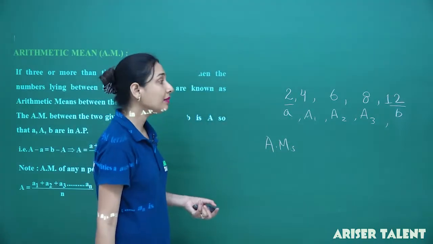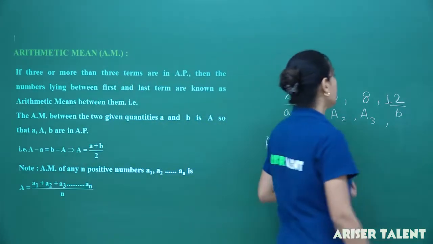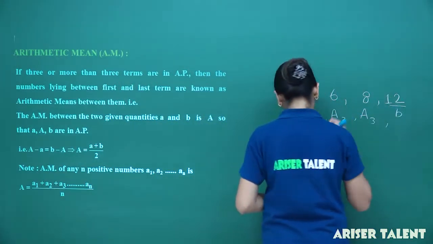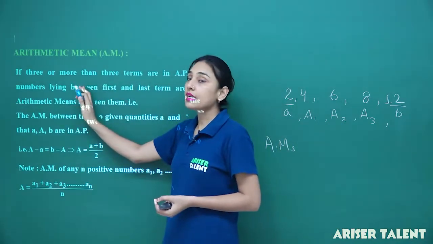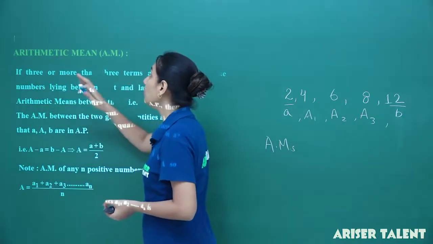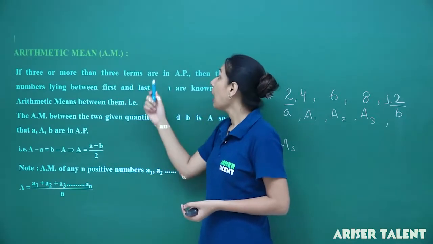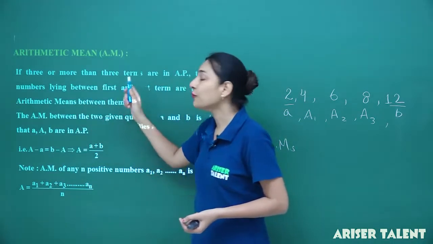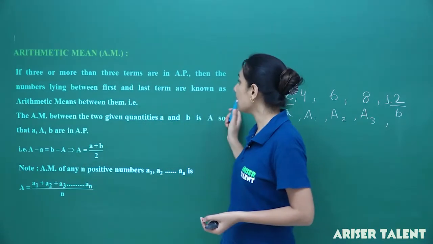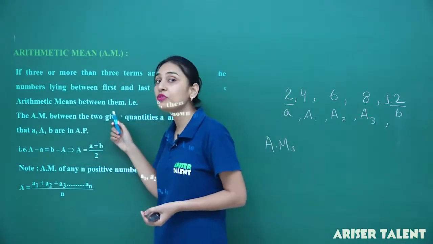Arithmetic means in between 2 and 10, right? So we will now understand it again. If 3 or more than 3 terms are in AP, then the numbers lying between the first and last term are known as arithmetic means between them.